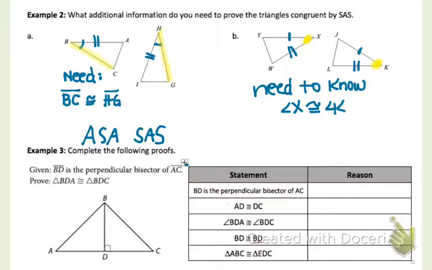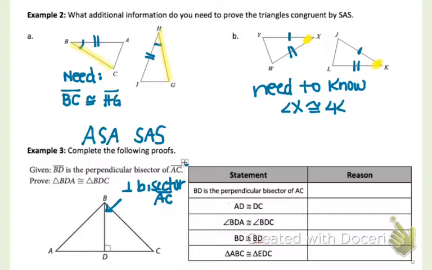In this particular problem, it is given that BD is the perpendicular bisector of AC. In this drawing, I usually like to label everything, so I'll use the symbol for perpendicular bisector of AC. That way, at a glance, I'll know that it is perpendicular to AC and also cuts it into equal parts.